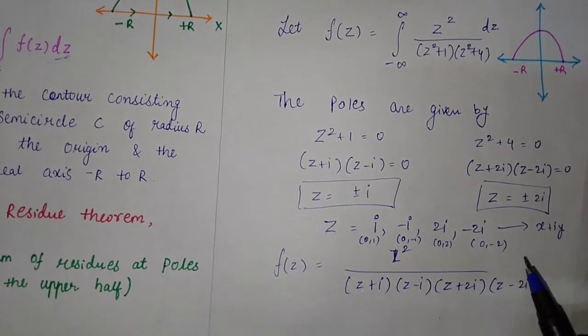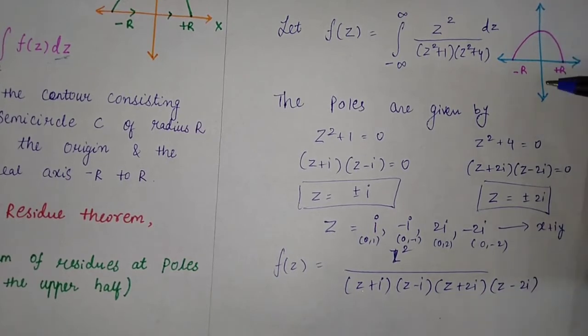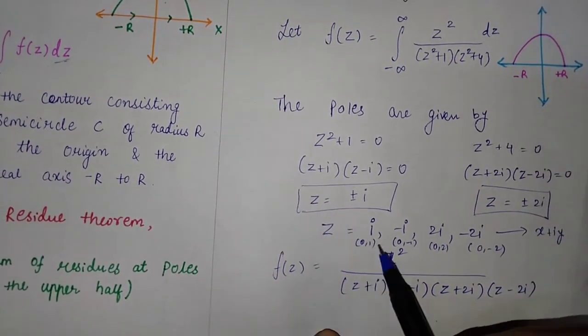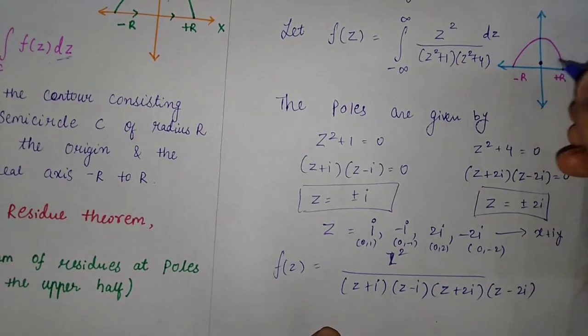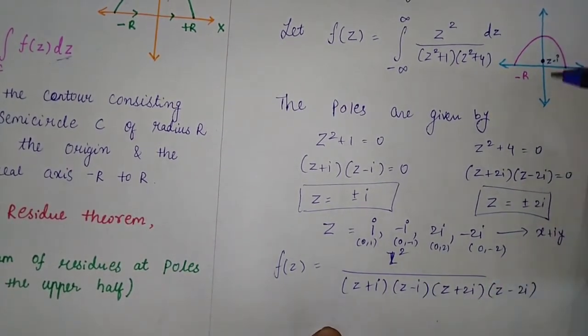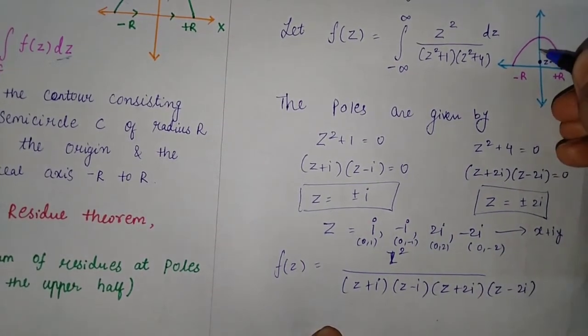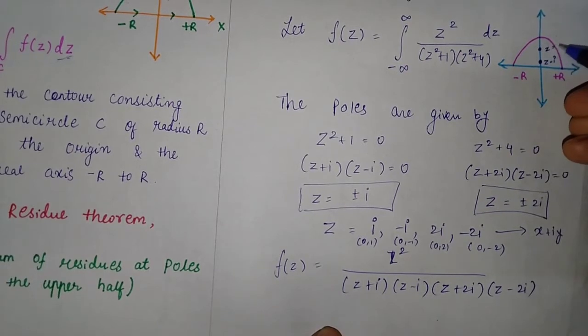Then you can see that કે 0,-1 ને 0,-2 એ તો નીચે જતા રહેશે, એટલે કે નેગેટિવ રીજનમાં આવશે. આપણે લોઅર હાફ પ્લેનમાં કન્સિડર નથી કરવાના, આપણે ખાલી અપર હાફ પ્લેનમાં પોઈન્ટ્સ આવે છે એ જ કન્સિડર કરવાના છે. તો i એટલે કે 0,1 ક્યાં આવશે? અહીંયા આવશે. તો z equal to i એટલે કે 0,1 એ અપર પ્લેનમાં આવે છે અને આ નેગેટિવ છે, આ પણ નેગેટિવ છે, અને 0,2 છે તો એ પણ અહીંયા આવશે, એટલે કે z equal to 2i.